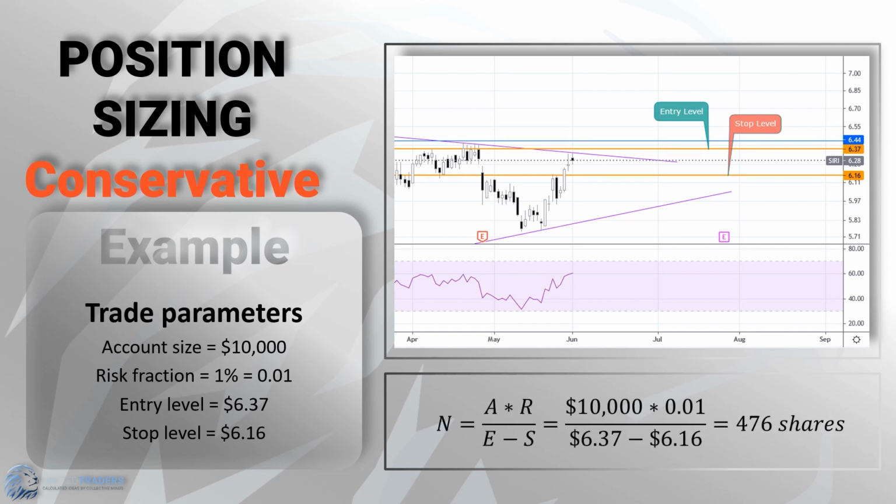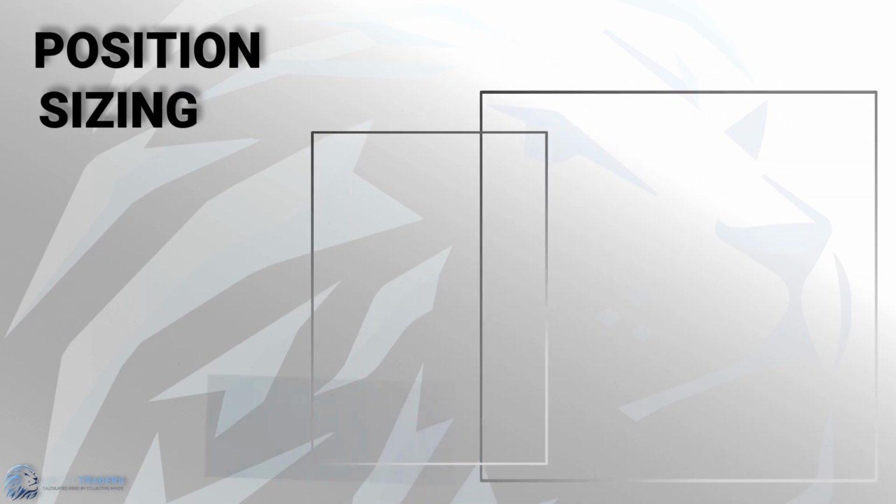To keep our predetermined risk at $100, or 1% of the $10,000 account, we must use this formula using our most ideal entry and exit points to extrapolate the best possible position size for our account. As you can see, our ideal stop level is 21 cents below our entry point. This means if we buy 476 shares and stop out, our drawdown will be about $100.